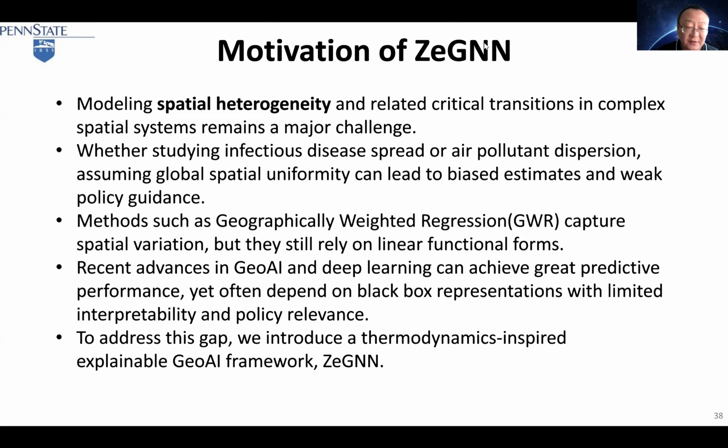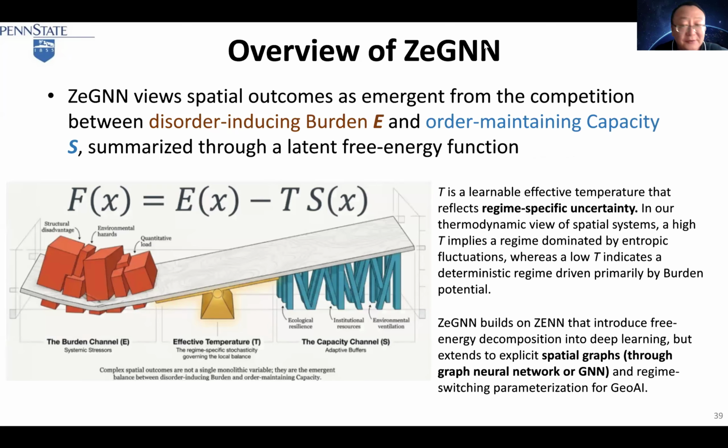So that motivates this study, which introduces a thermodynamics-inspired explainable GeoAI framework based on entropy, based on the ZENN, as we call it here, or based on graph neural network. So just a very quick overview of the ZENN.